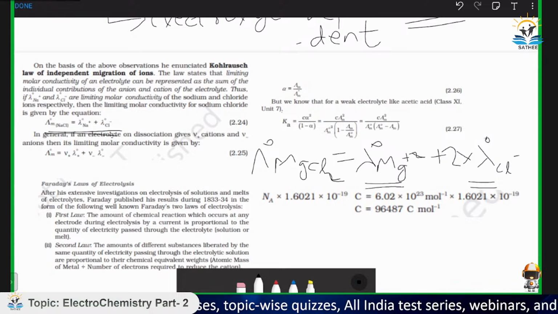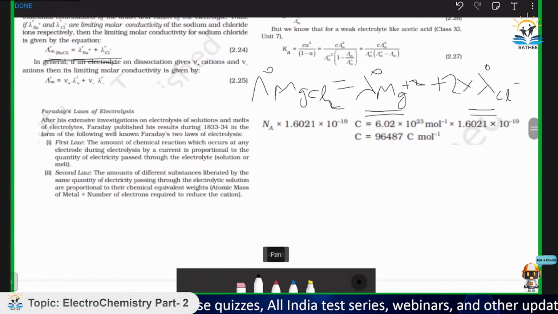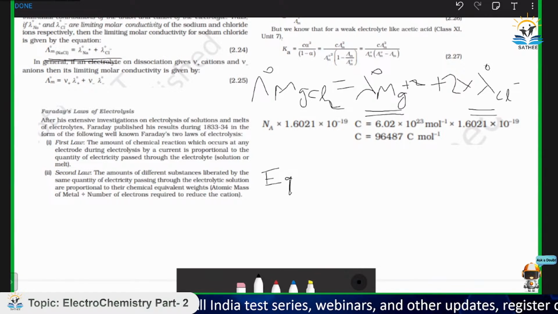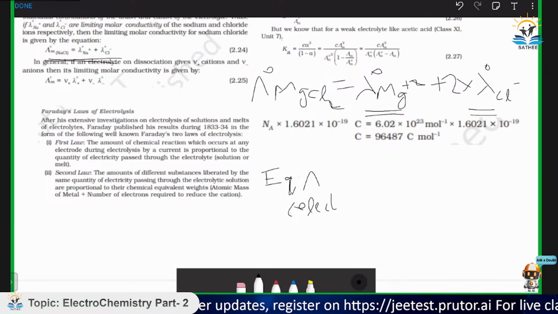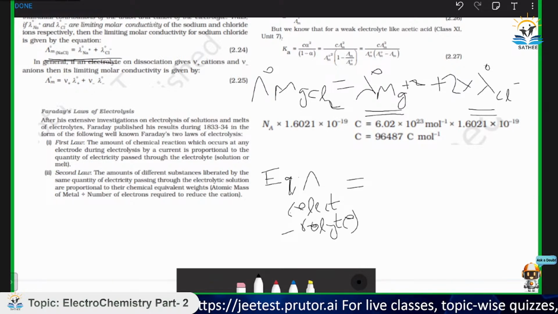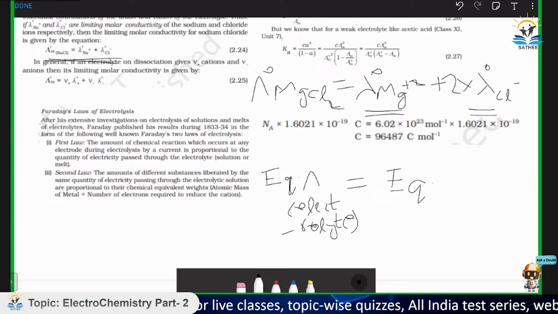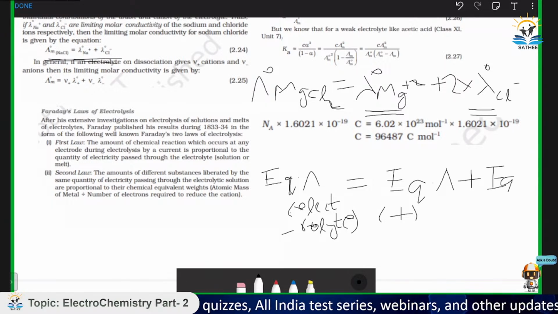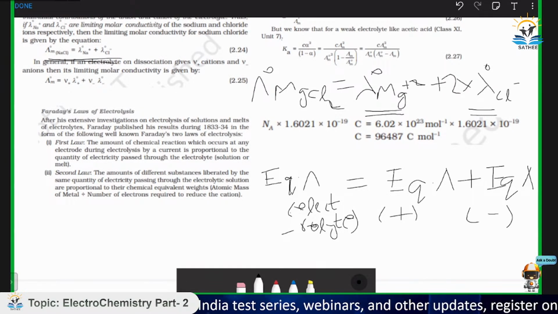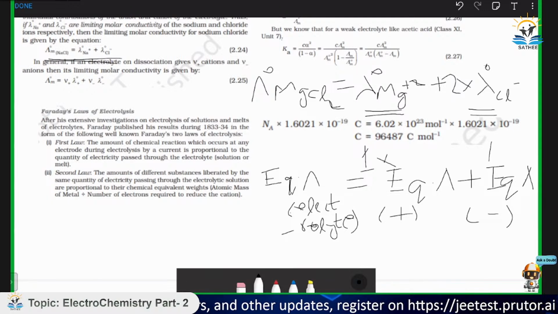The law turns out to be: equivalent conductivity of the electrolyte is equal to equivalent conductivity of cations plus equivalent conductivity of anions, like 1 into and 1 into.